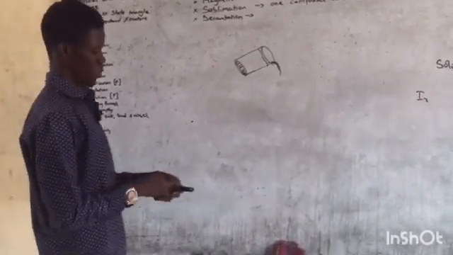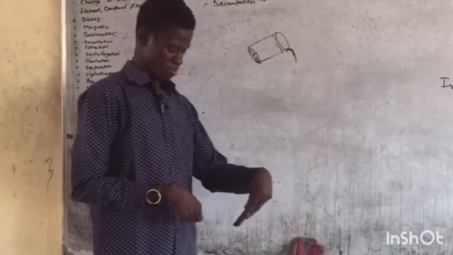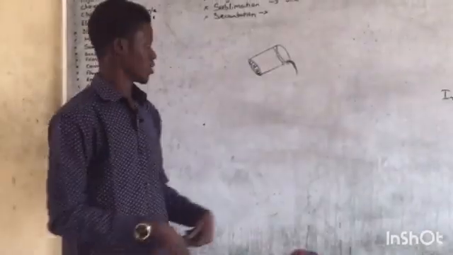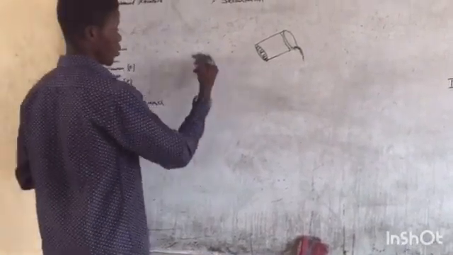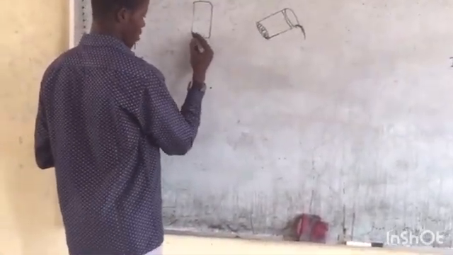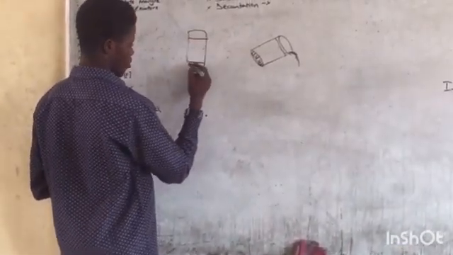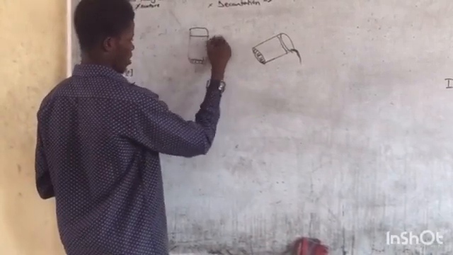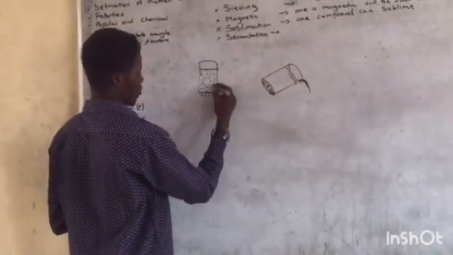In the lab, you can use a glass rod and block it and do it gradually to remove it. So this one works when you have something forming layers, right? Like one is at the bottom while the other is at the top. So always remember this one forms layers.